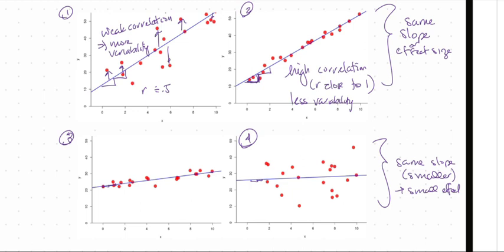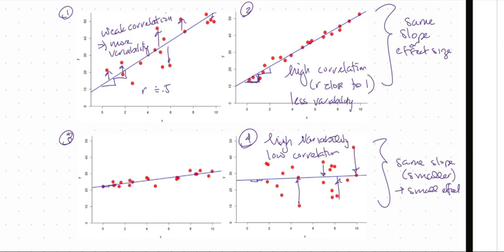But if we look at plot 4, because of this high variability around the line, that is, because of that low correlation between these two variables, there's a lot of noise, so it's hard to see what that effect might be.